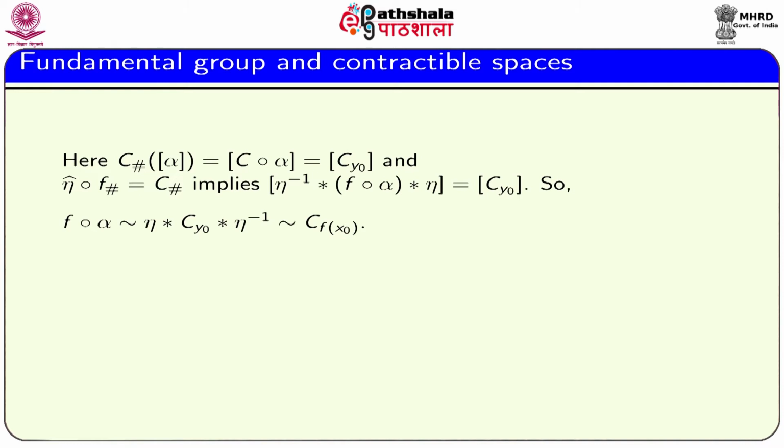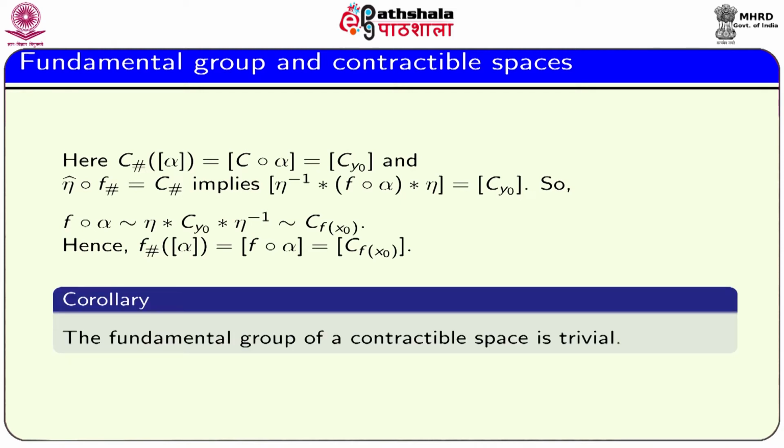So, f composed alpha is path homotopic to eta star C y0 star eta inverse, which is path homotopic to C of f x0. Hence, f sharp operated on class alpha is equal to the class C f x0.